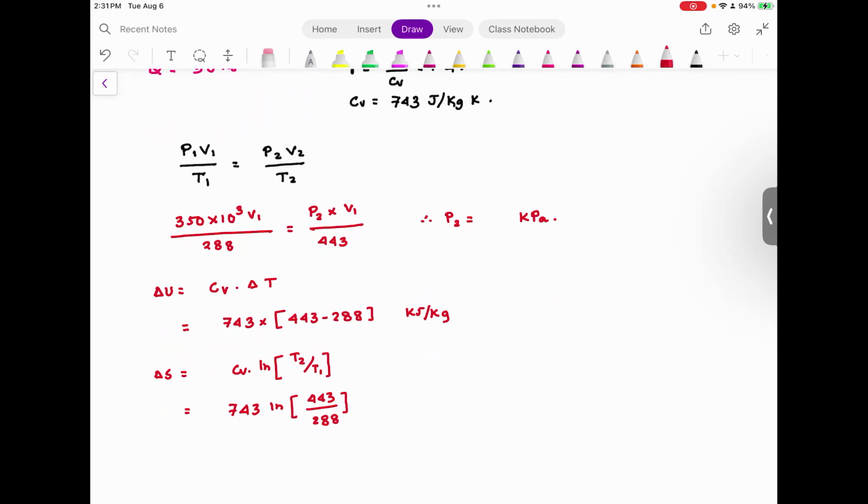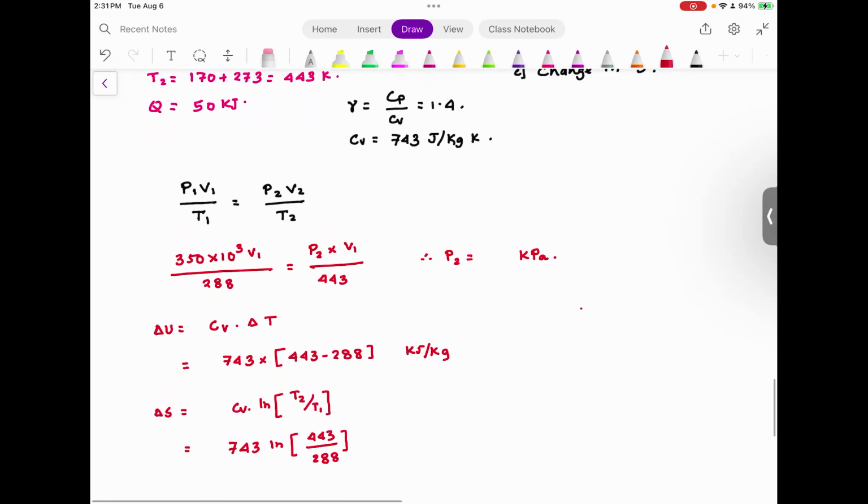Now the important part is, if you want to find the total values, you can do that. For that we will use P1 V1 is equal to m R T1. This V is the total volume.